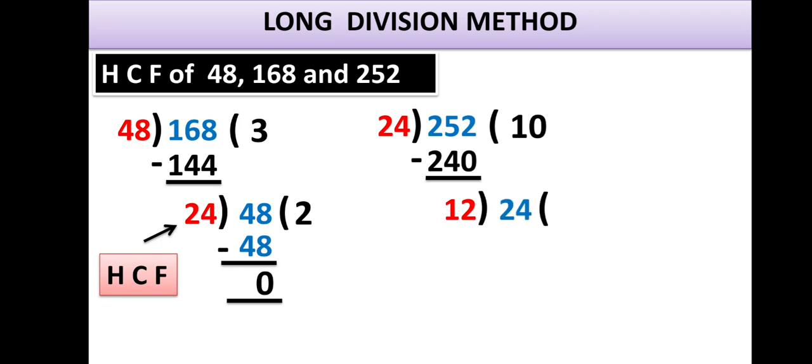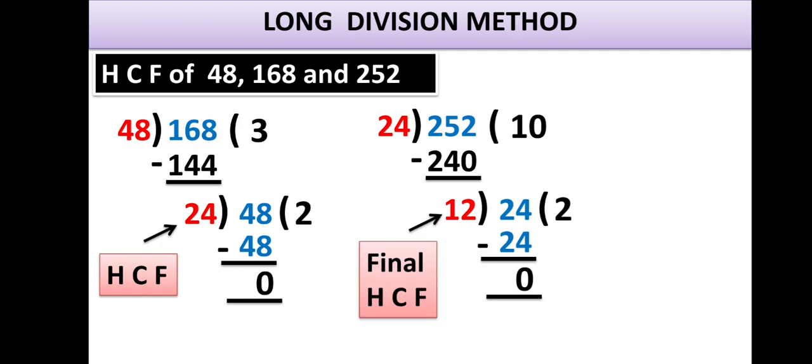As we have got a remainder, we can proceed with the change from divisor to dividend. So 24 was the divisor, 24 has become the dividend. Now 12 2s are 24 and we have got 0, so you have to stop here. So the HCF becomes 12. And 12 is the final HCF of 48, 168 and 252. Thank you and keep exploring.